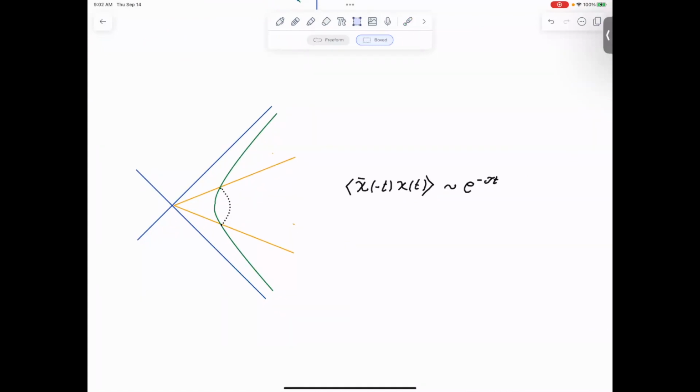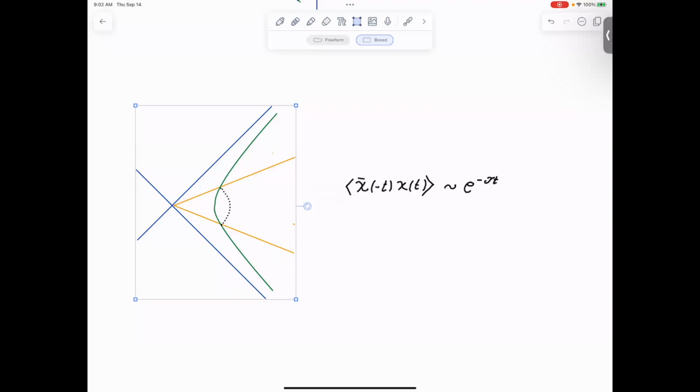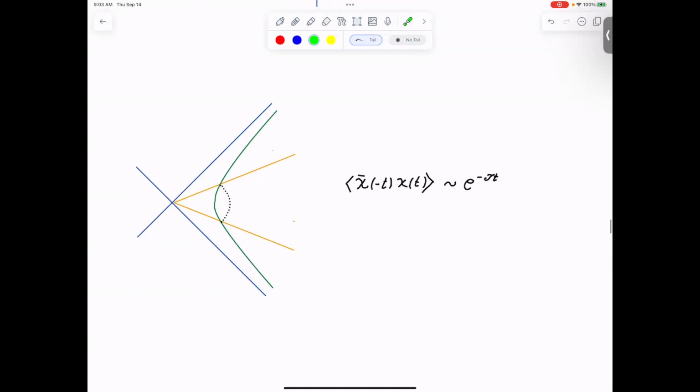And let's imagine a fluctuation in which a fermion is emitted and reabsorbed near the horizon. If that correlation function looks like e to the minus Jt, what it's telling us is that the fermion never propagates more than a microscopic distance.